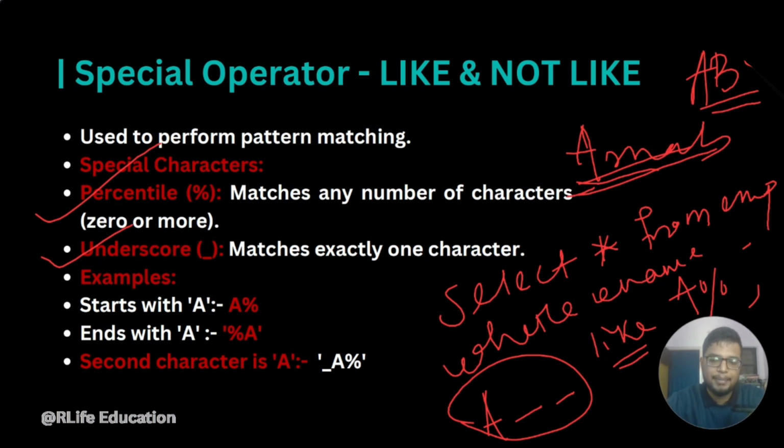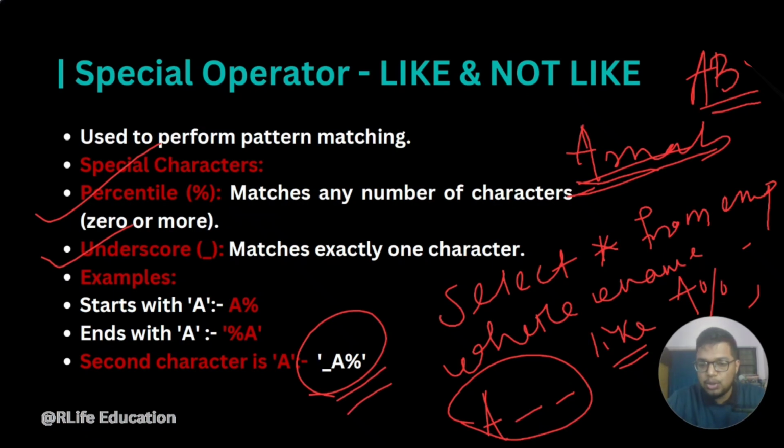I declare a, apart from that 2 underscores. That means the name consists of 3 characters. I'm restricting it. Whenever we have to restrict to exactly that many characters, in that particular case we are using this underscore operator.